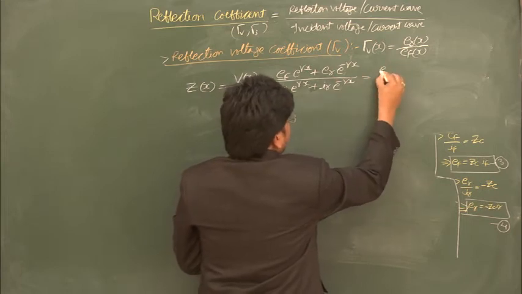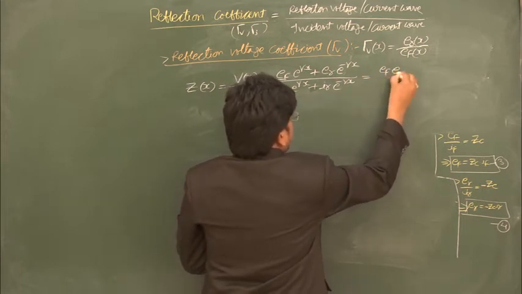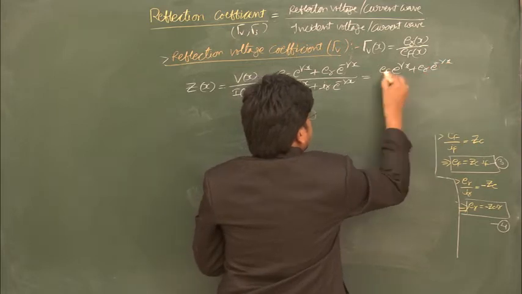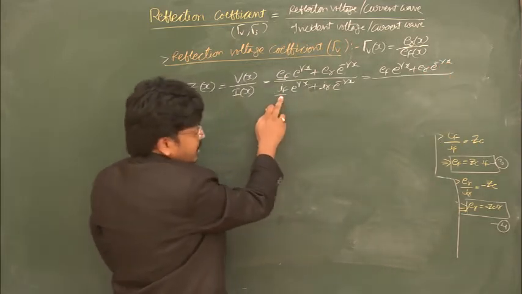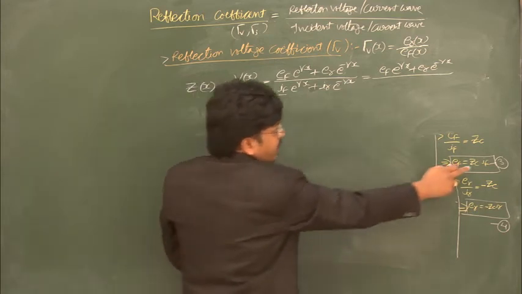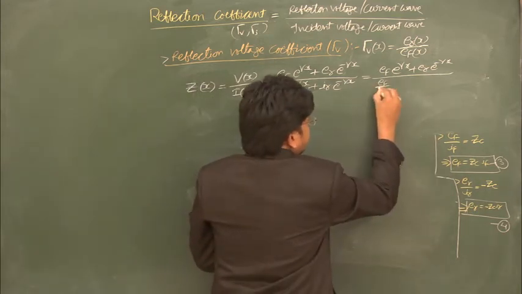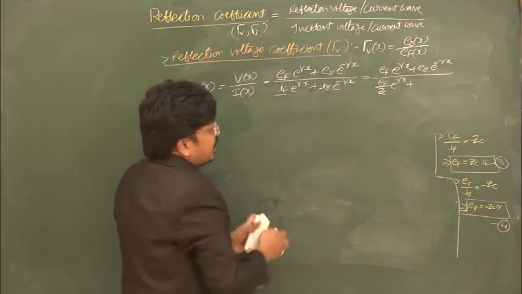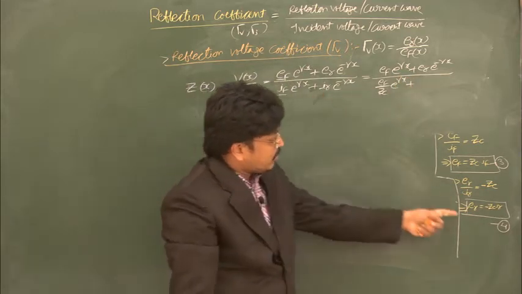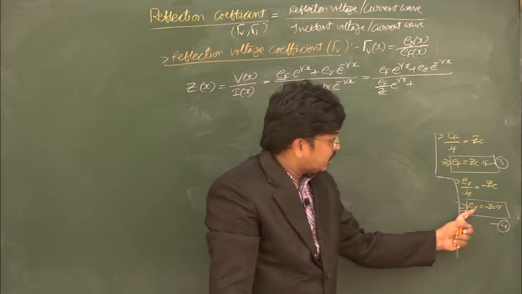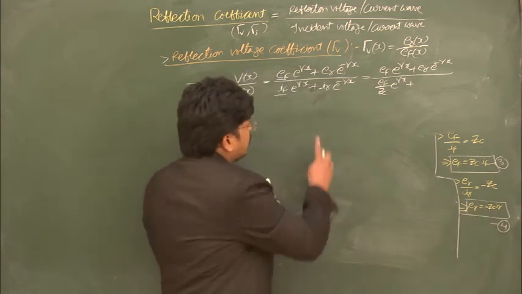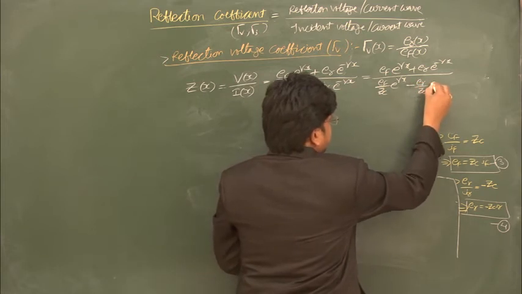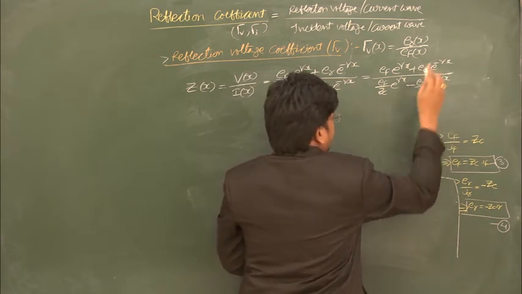So this equation becomes EF e^(γx) plus ER e^(−γx), divided by, replacing IF from equation 3, EF by Zc into e^(γx), plus, similarly replacing IR from equation number 4, IR equals ER by minus Zc, so minus ER by Zc into e^(−γx).